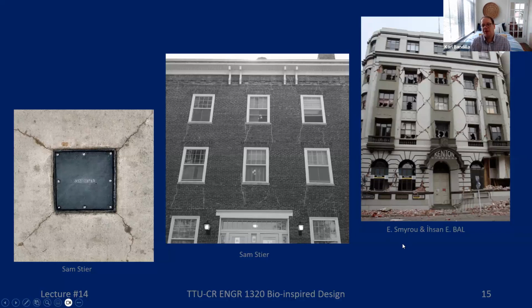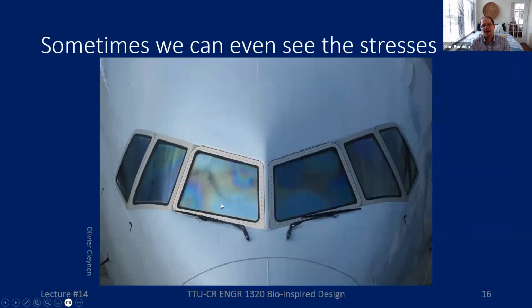However, every now and then, for certain materials, we actually can see stress. If you're at the airport and sometimes you see that the windows of an airplane have these weird colors, or if you're sitting by the little windows in there, they often have these colors, and that's just because they're polarized, and so you can actually see these.